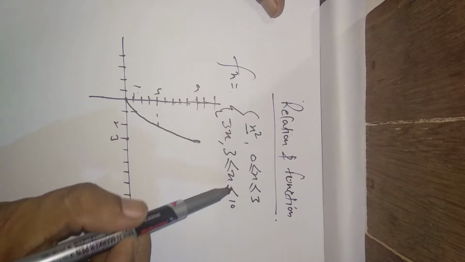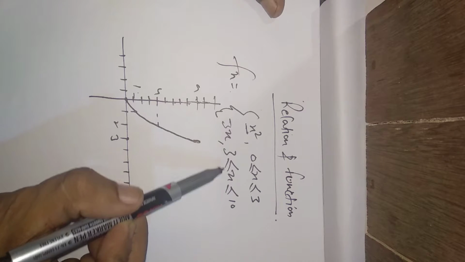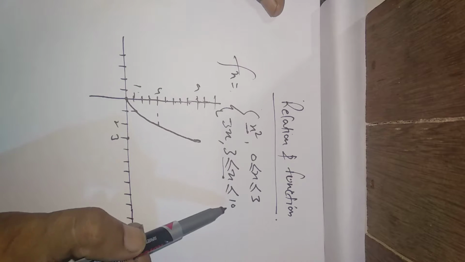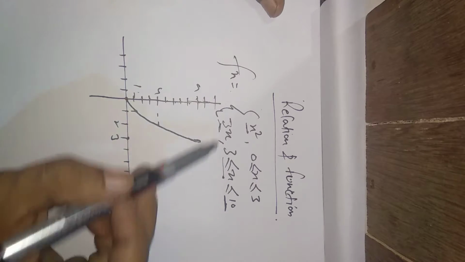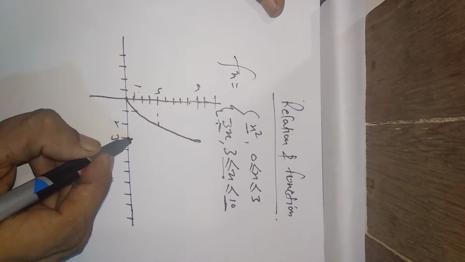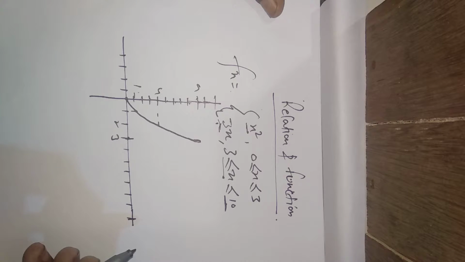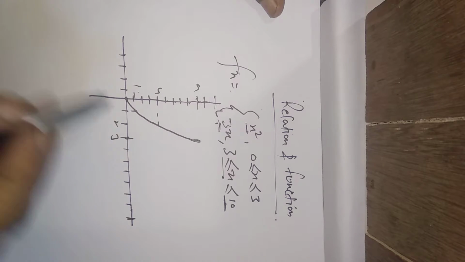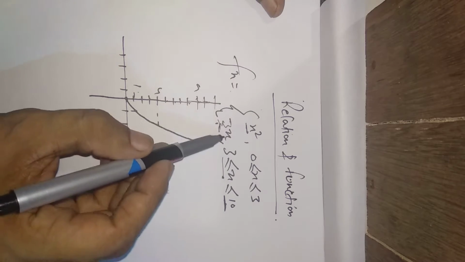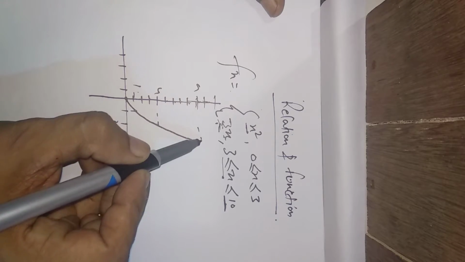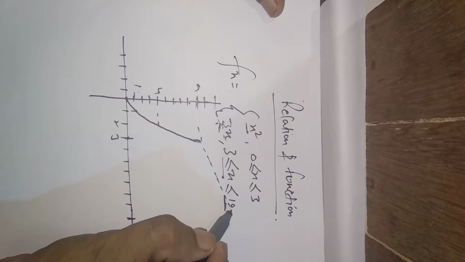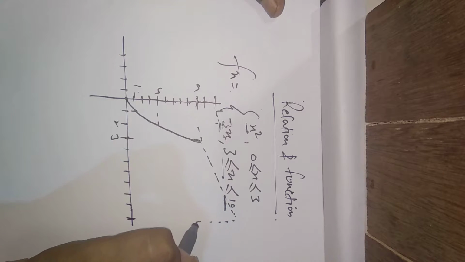And later, from when x is equal to 3 up to less than or equal to 10, we approach 3x, and that is a linear function. At the instant x is 3, it is 9, it has to be at 9, and after that it continues as a linear graph over here.